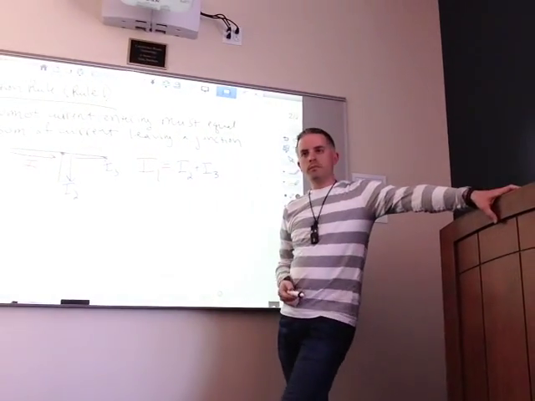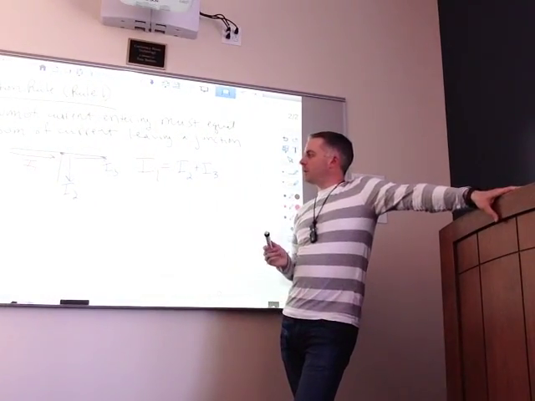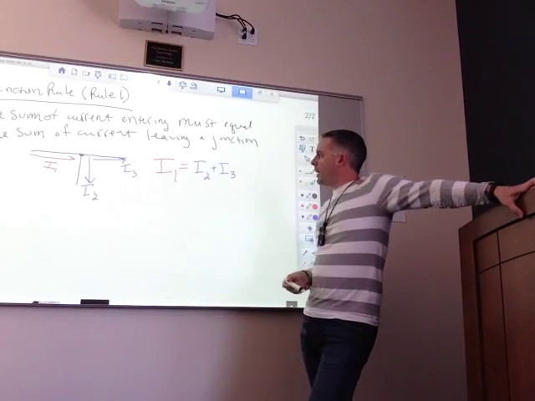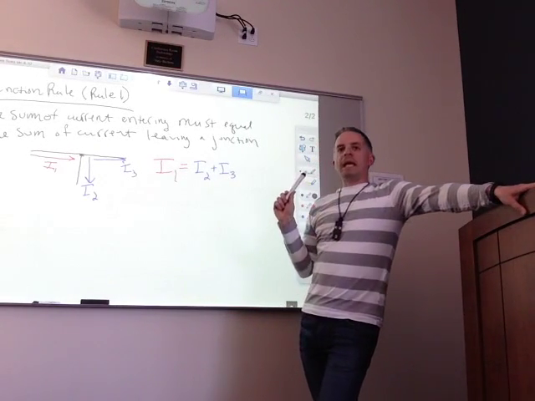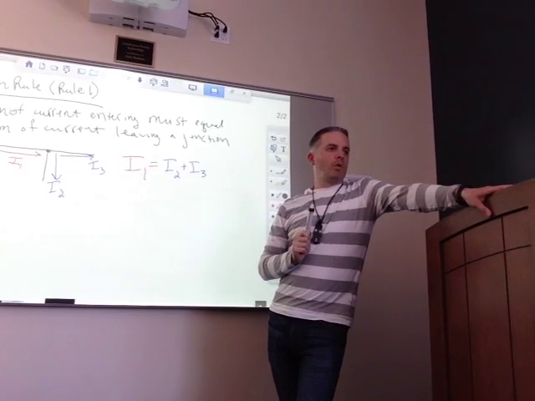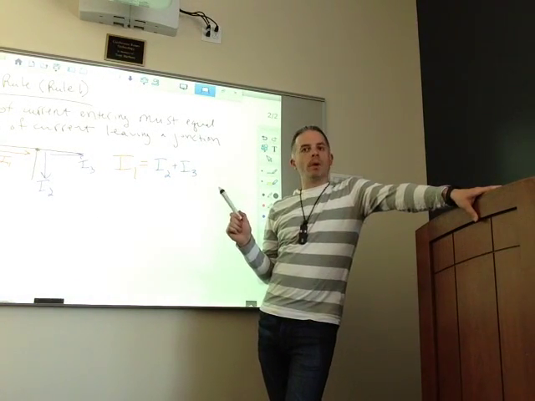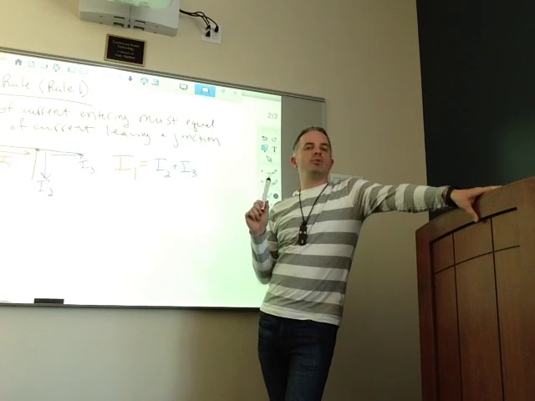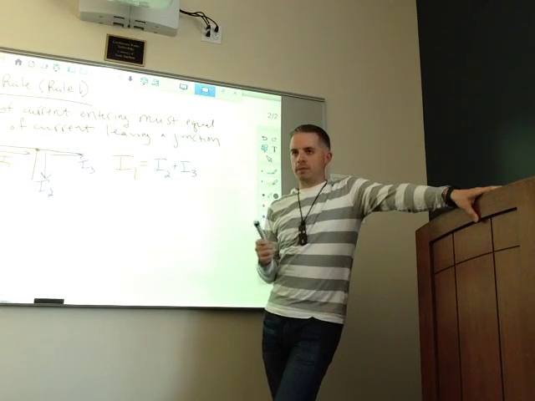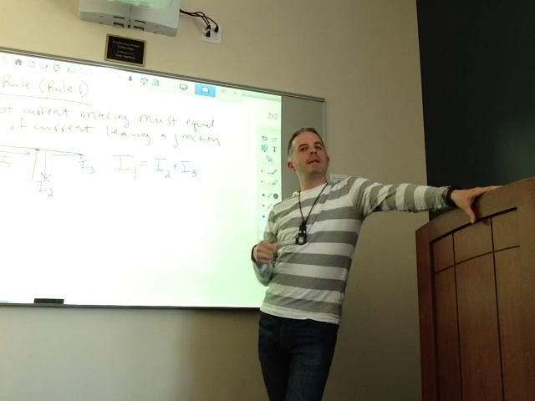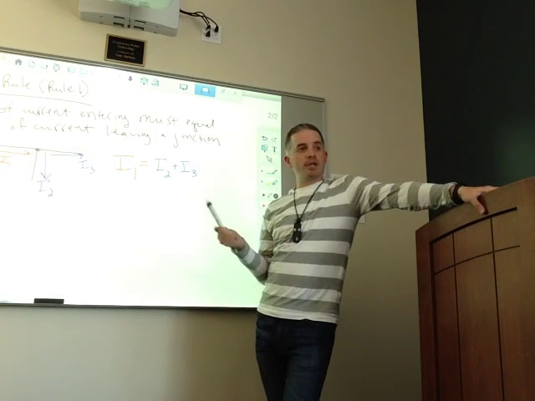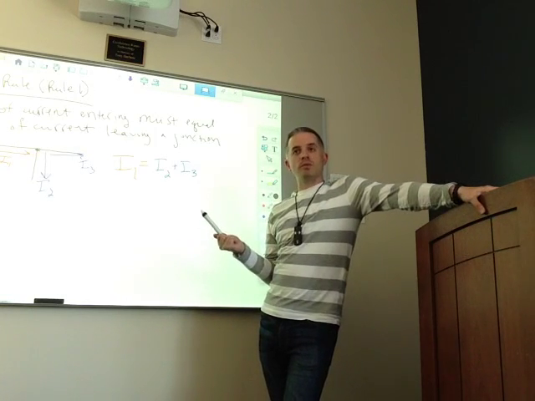Now, something to keep in mind is that it doesn't matter what direction you pick the current to go in. The important thing is that you keep that convention. The worst thing that can happen is you'll get the incorrect direction, but you'll get the correct magnitude.